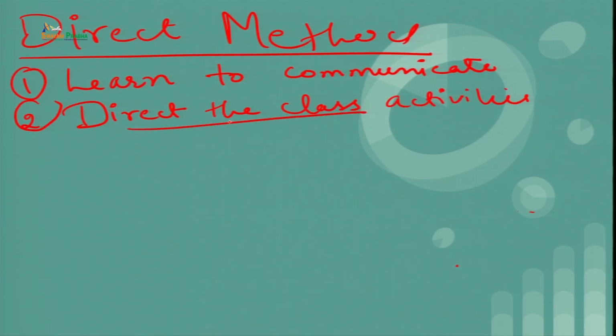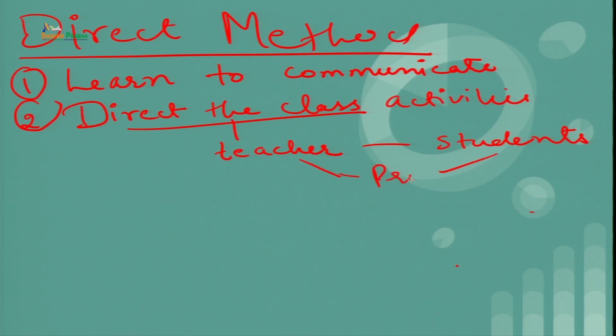The teacher. The student role is less passive than in the grammar translation method. The teacher and the students are more like partners. They are partners in the language teaching and learning process.